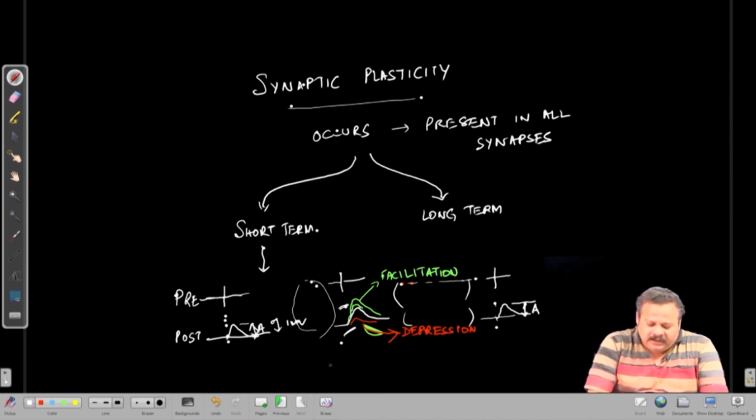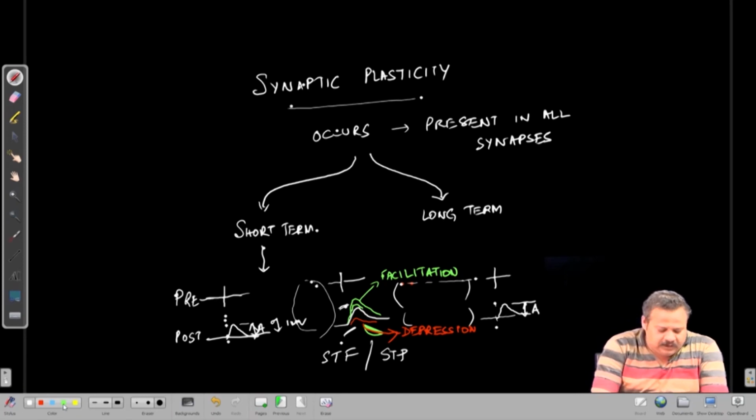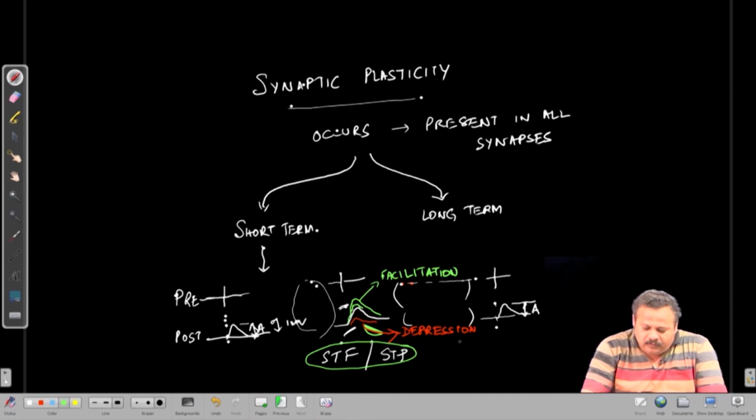So, this temporary nature of synaptic plasticity is called short term plasticity, and particularly the two cases where we have short term facilitation or short term potentiation, which is our green case, and in the other case we have short term depression, which is in the red.